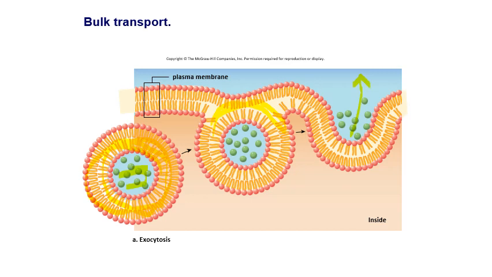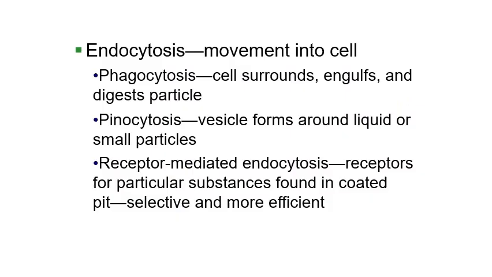Exocytosis is letting those particles leave the cell through vesicle formation. And this takes energy because look what we're doing here. We're changing the shape of the membrane, right? And remember, membrane shape changes come from microfilaments associated with the membrane, and that takes energy. So that's why this is an energy consuming process.